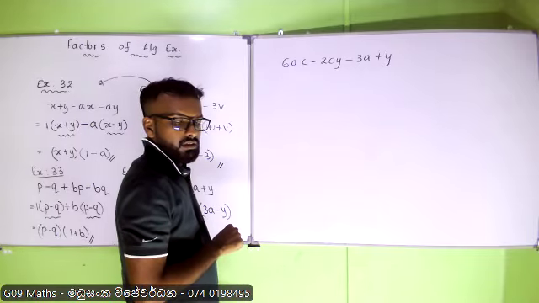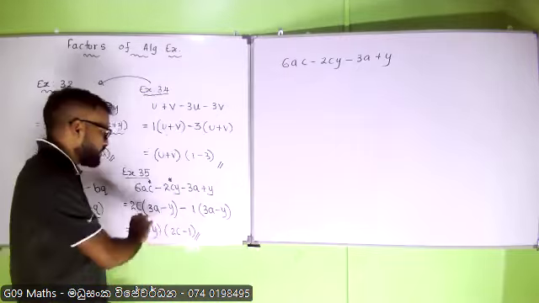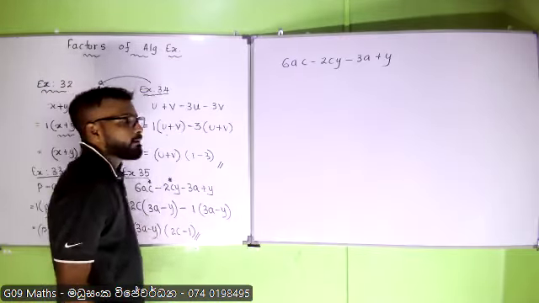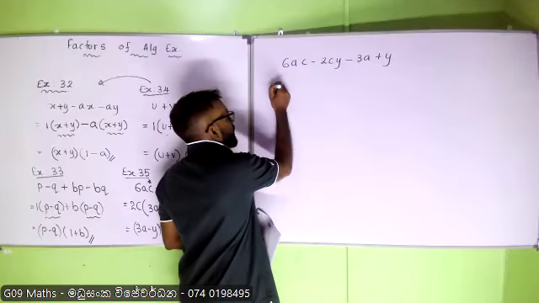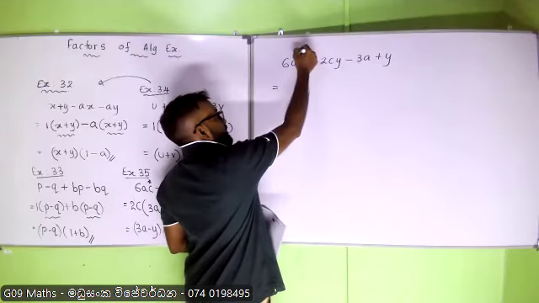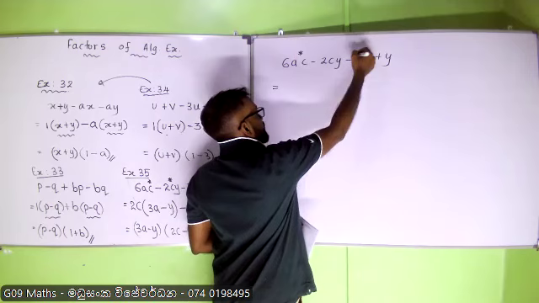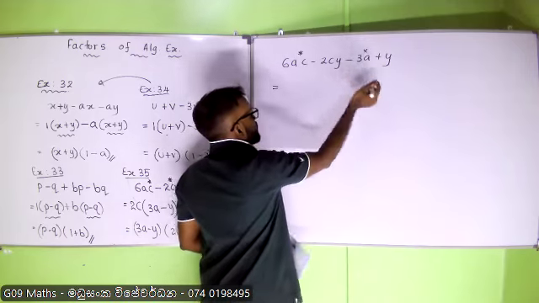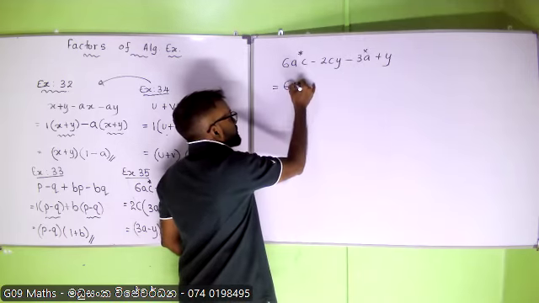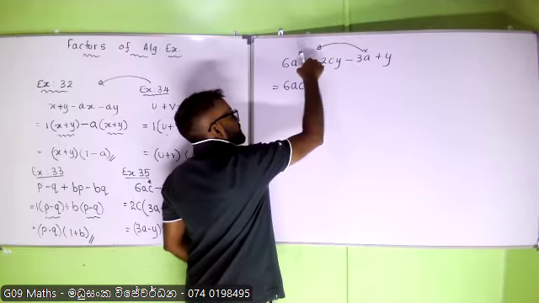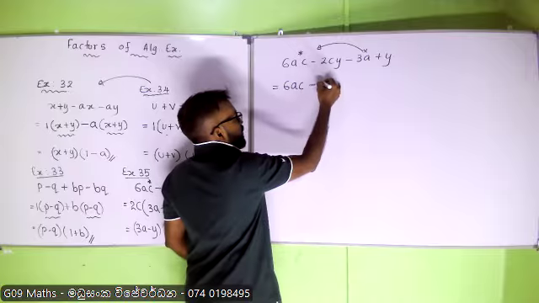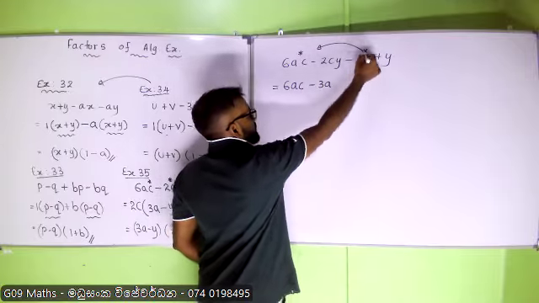In case you didn't see this one, sometimes you might see the equal mark. Here and here I have similar terms, 6a and 3a. So I will take it to the front. 6ac. I will take this one to the second place. Minus 3a. This whole thing.